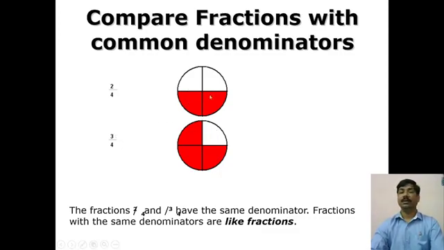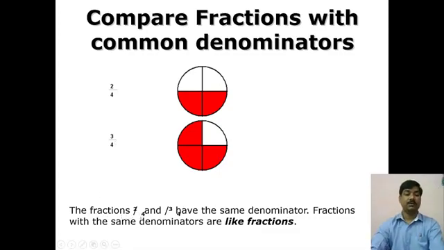From the picture, it is clear that here two parts of the whole are colored, and here three parts of the whole are colored. So obviously the more colored part is in this fraction, so the fraction 2 upon 4 will be less than the fraction 3 upon 4.